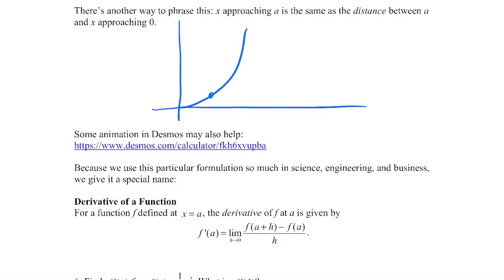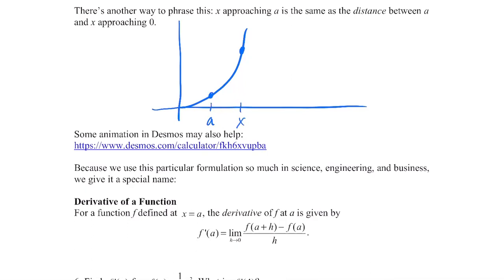So here's my point, which corresponds to a, and here's my arbitrary point, corresponding to x. The distance between a and x is this length right here.